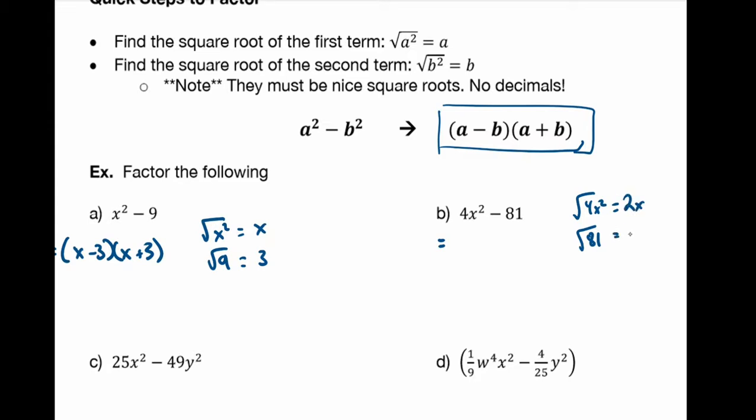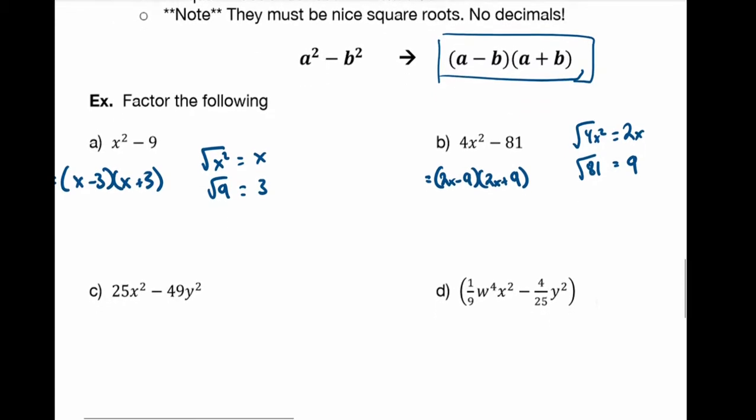Square root of 81, I get 9. So that does work. This is a difference of squares. So I'm going to have two brackets with 2x and 9, and based off the pattern, one will be minus and one will be plus, because that is the general form for our difference of squares.